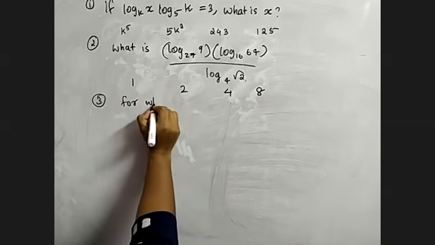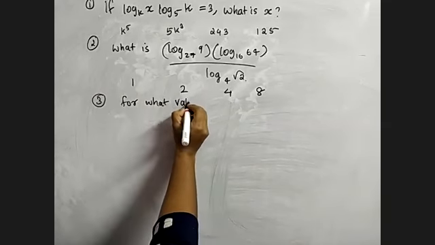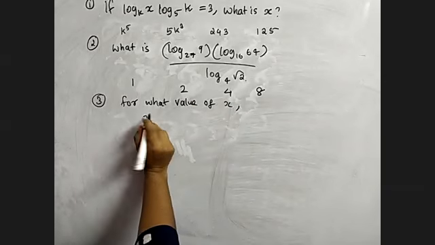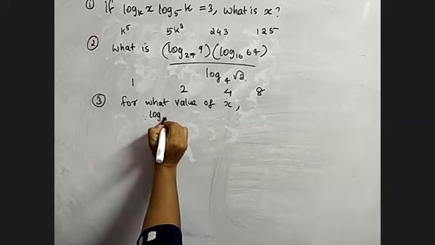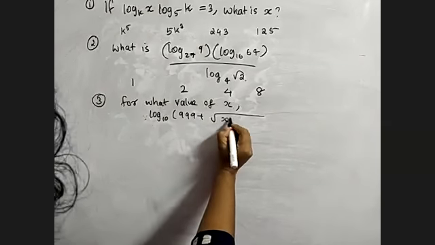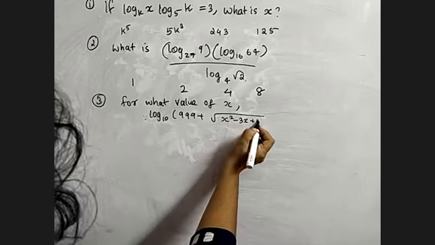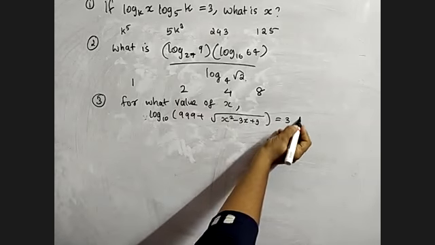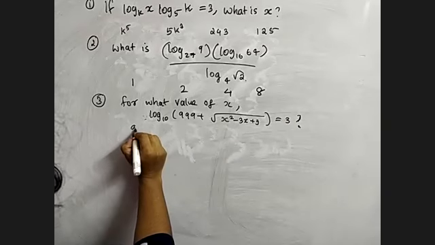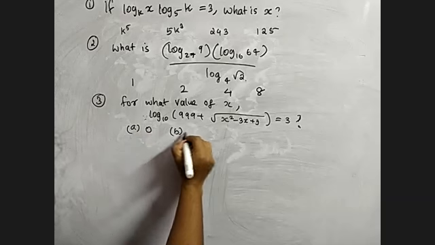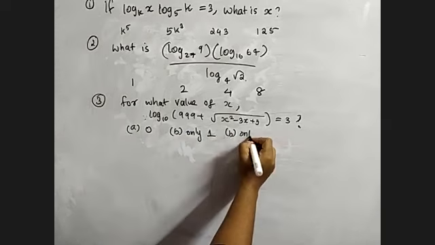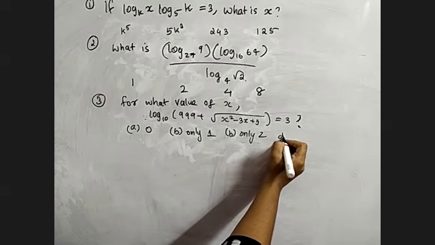For what value of x, log to the base 10 999 plus root of x square minus 3x plus 3 equal to 3. Options: 0, only 1, only 2, 1.